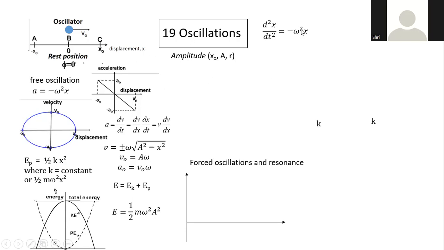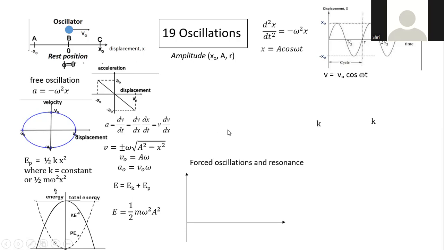That equation can be written as that. And this is the solution to that equation. This is also a solution for this equation. So we are using this equation most of the time, which is this one. Doesn't mean that we cannot use this one. If we use cos, it's going to start from here, C. So if we use sine, that is the graph, that's the amplitude. Amplitude is constant.